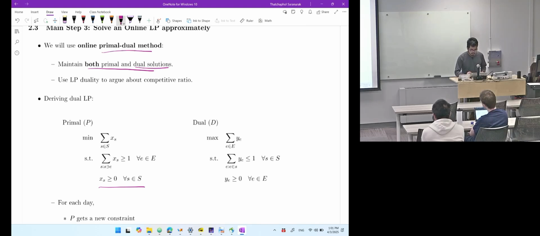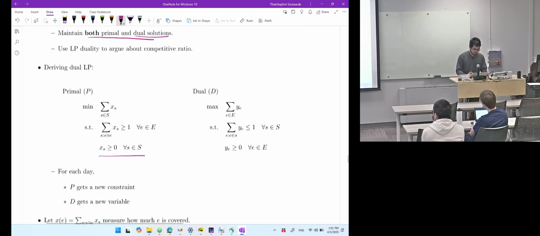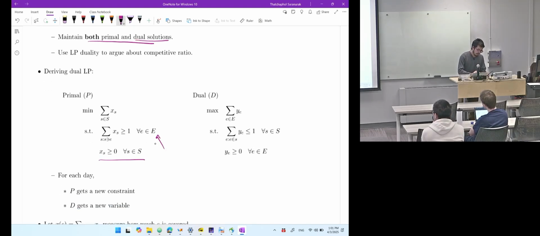So the primal gets a new constraint per day, and the dual gets a new variable per day.